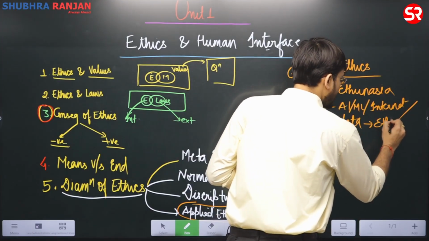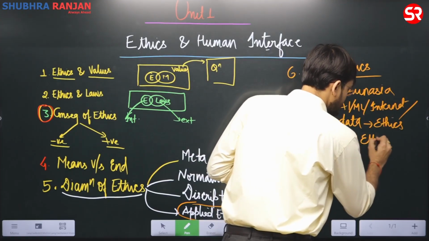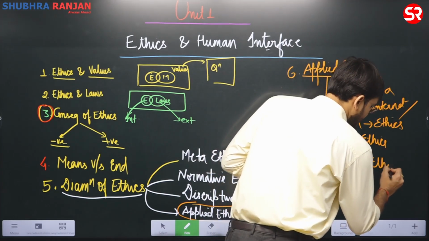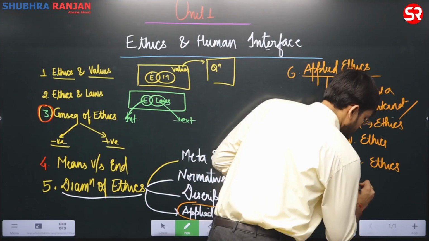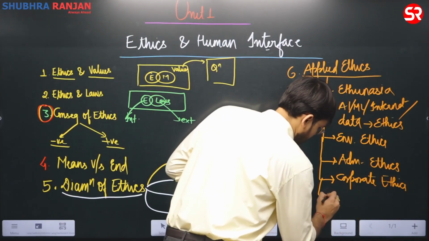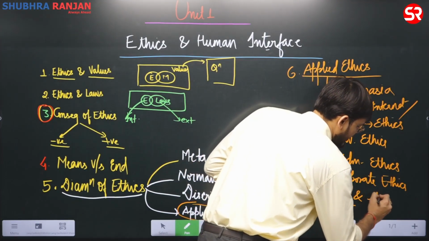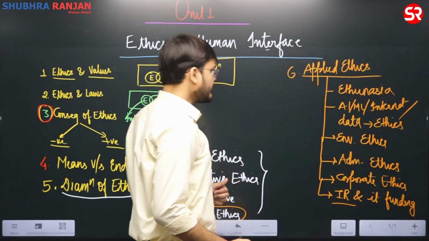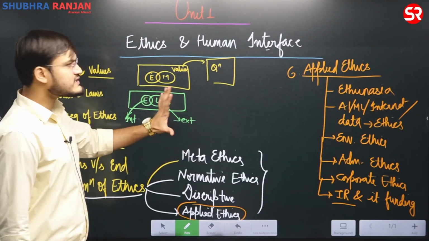They can ask about environmental ethics, administrative ethics, corporate ethics, or IR and its funding provisions. So, dear friends, from unit number one, these 6 themes are very, very important.